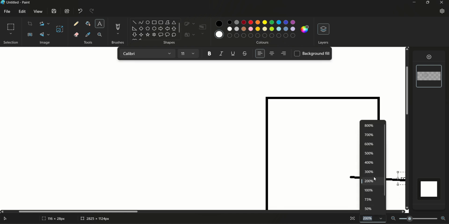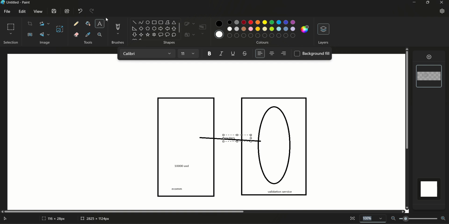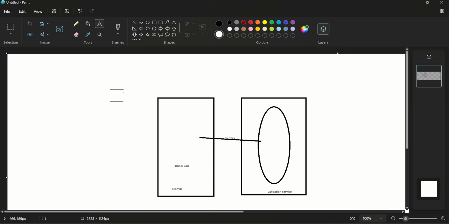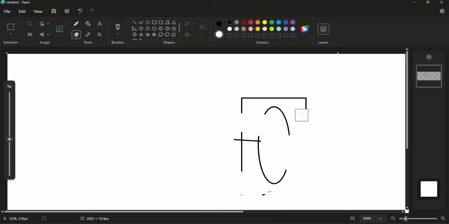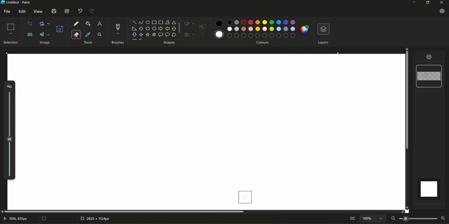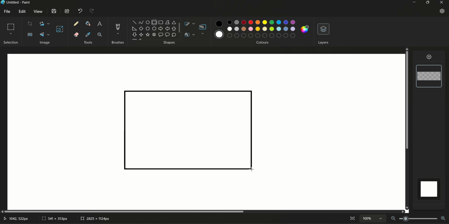Sorry, I will rub it out and explain again neatly with the diagram so you can understand properly how to use HMAC SHA-256. I will explain with the help of an example.